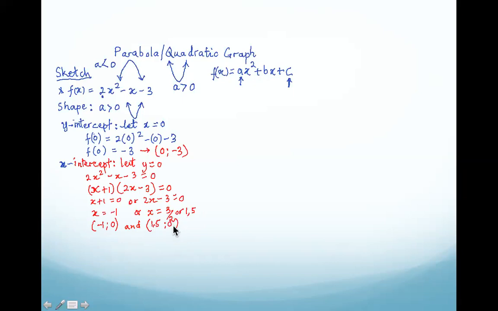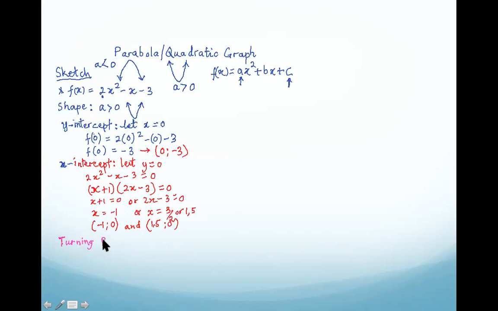All right. So now we have the x-intercepts, we have the y-intercept, we have the shape. What do we need? We need a turning point. For the turning point, you need to first determine the axis of symmetry.